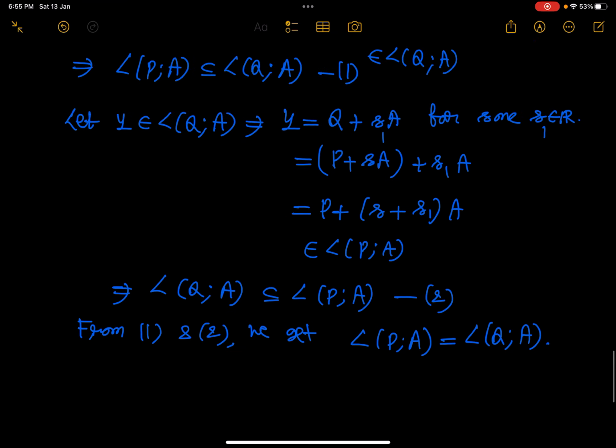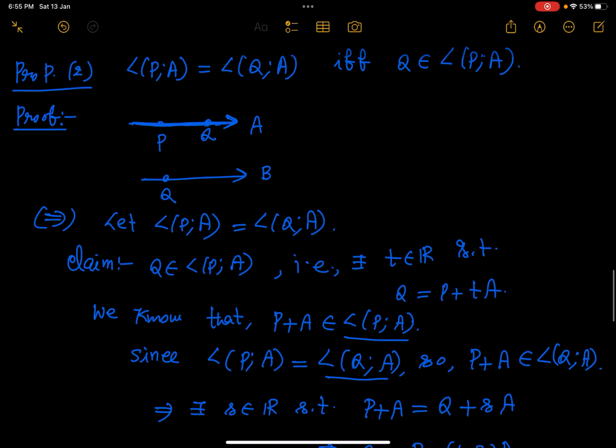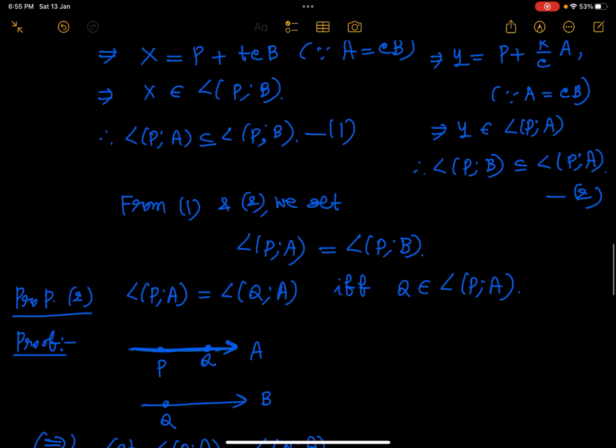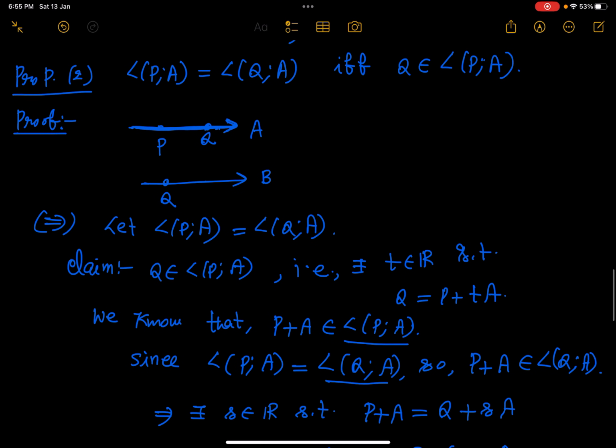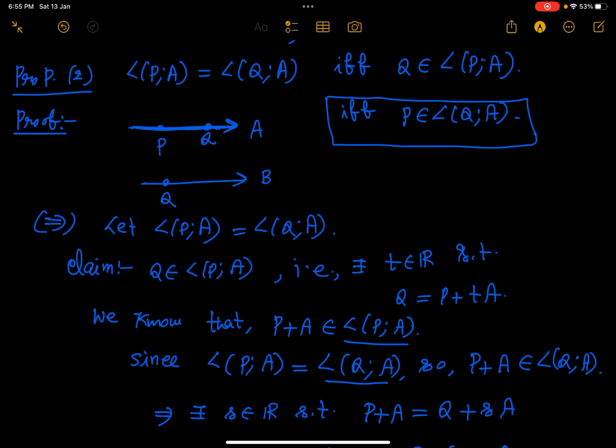So this second result also gives a sufficient condition on equality of two lines with different points but the same direction. It says that they will be equal if and only if one point lies on the other line. You can replace this by saying that P belongs to L of Q comma A. The reader should check that this is in fact the same fact.